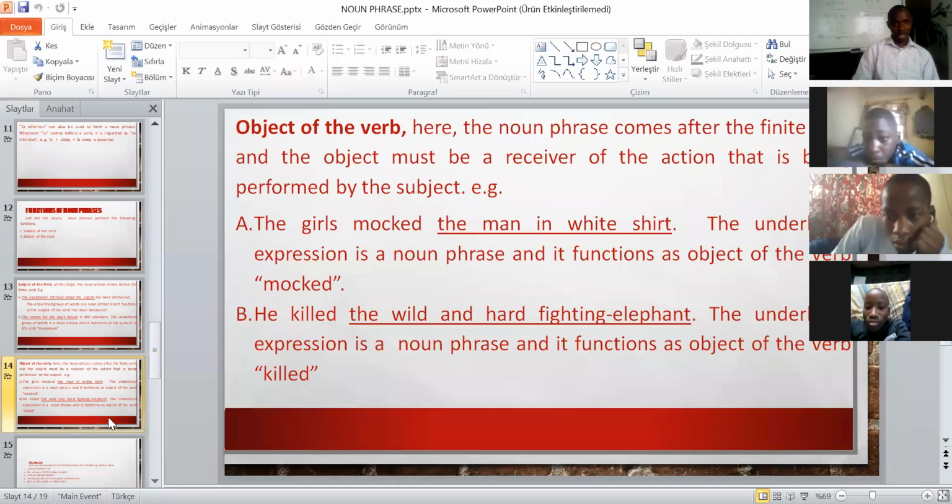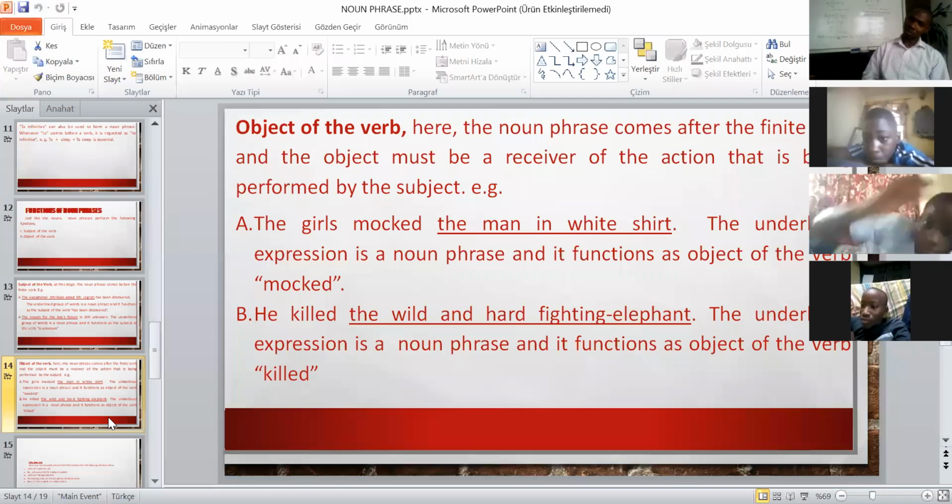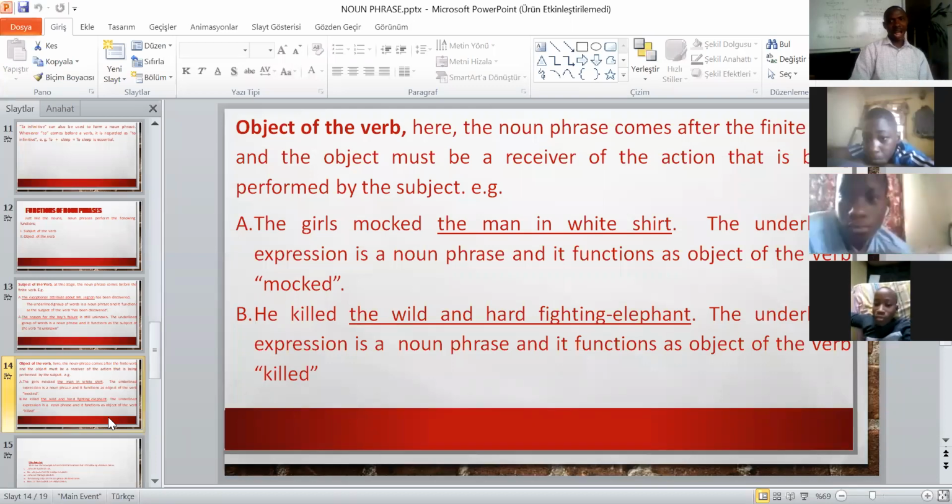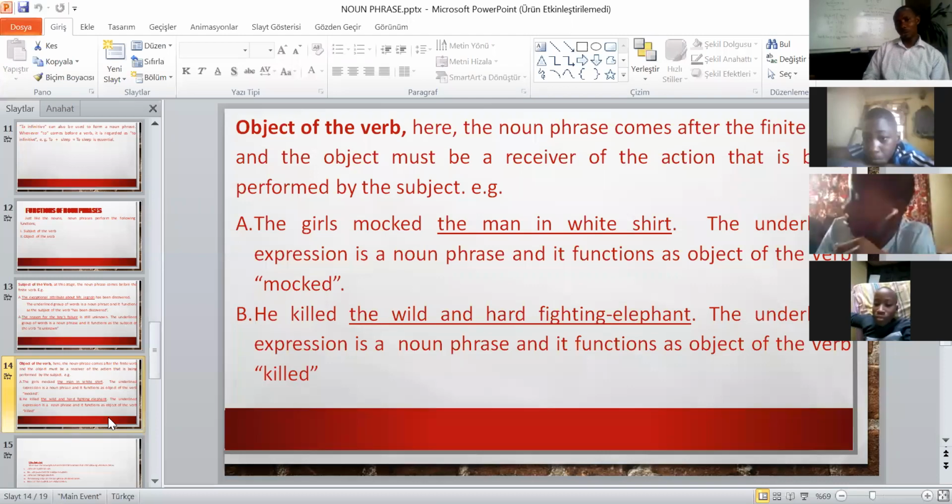The second example, he killed the wild and hard fighting elephant. You can see a complex noun phrase here. The wild, and hard fighting. You could say he killed the elephant. You could also say he killed the wild elephant.